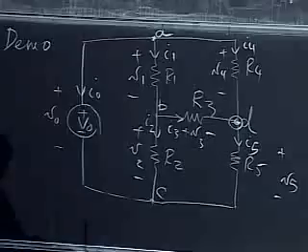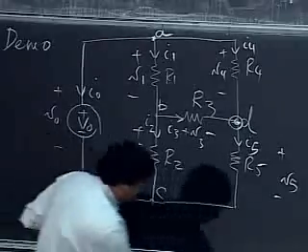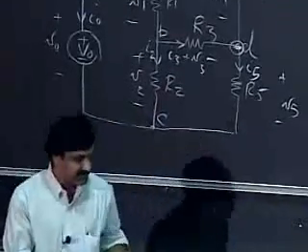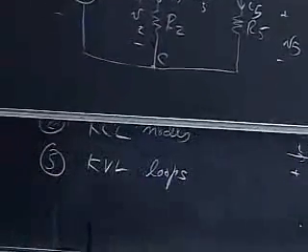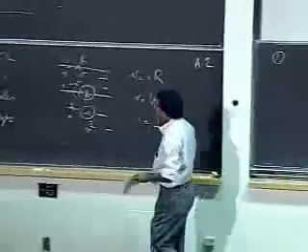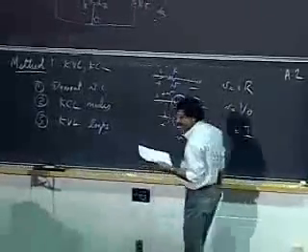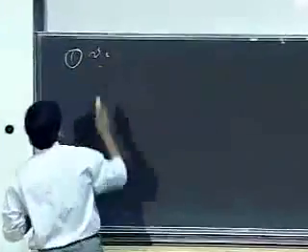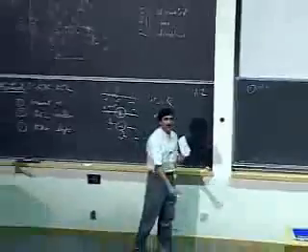Okay? So in terms of our solution here, let's follow the method that I outlined for you. As a first step, I'm going to go ahead and write down all the element VI relationships. Can someone yell out for me the VI relationship for the voltage source?